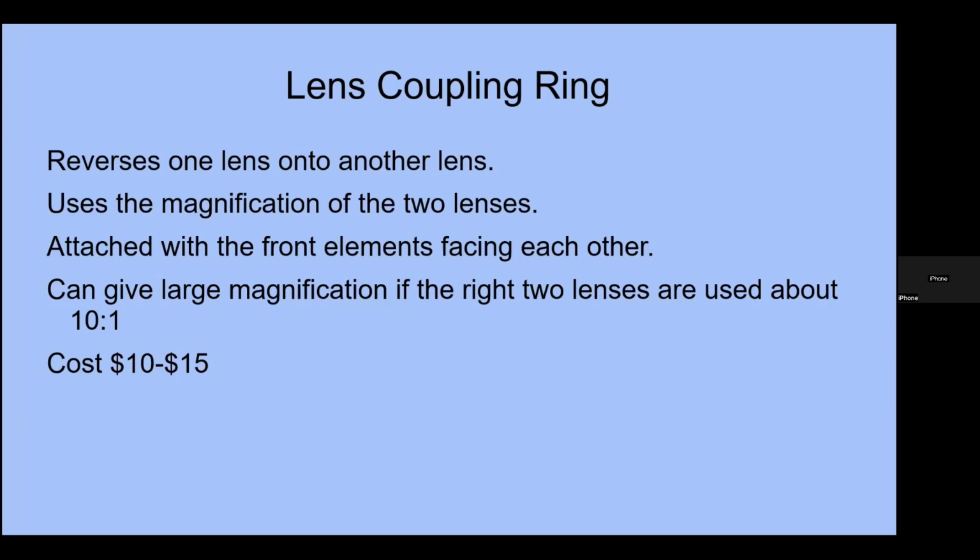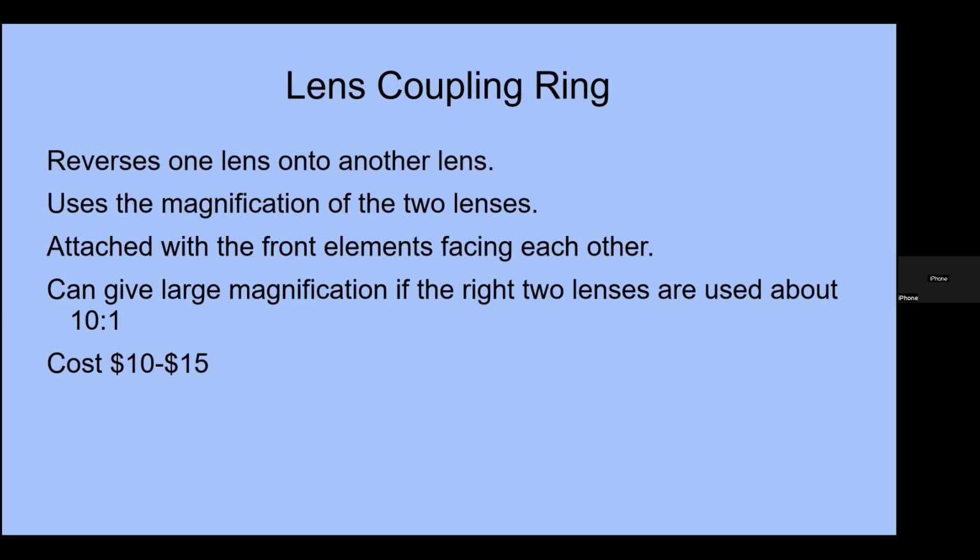So you screw this into your lens, and then you screw your other lens, whether it's a 50 or a 25 or 24 millimeter, whatever, on the other side, and you've got two lenses put together.